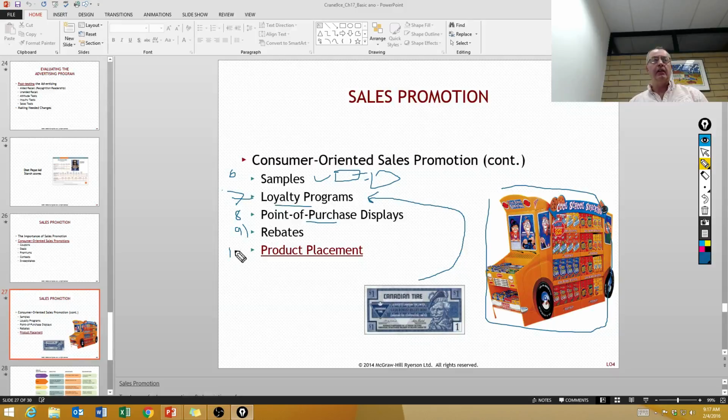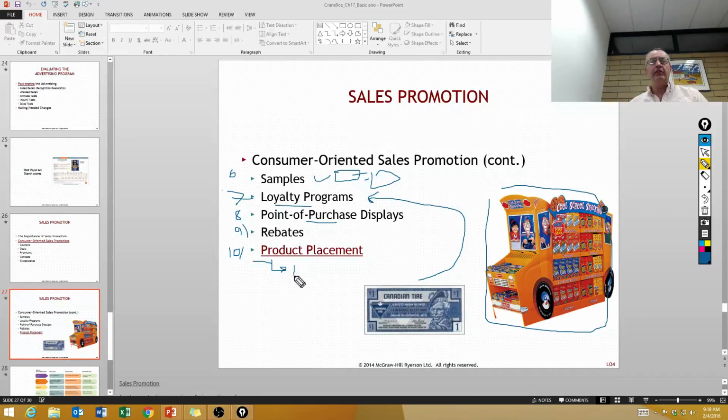And then another fun one, some people are kind of offended by it, but it's product placement. This is where we see product brands prominently displayed in either movies or TV shows. Sometimes it's quite blatant. I have a short video in Moodle showing some examples of blatant product placement in various movies and TV.